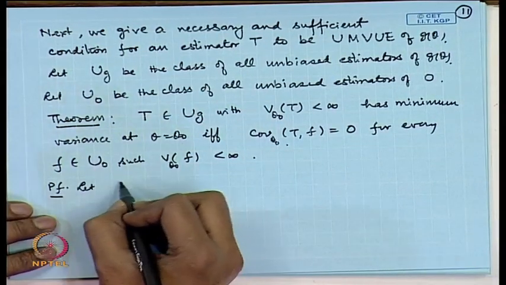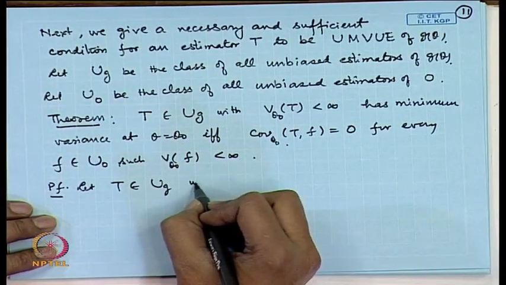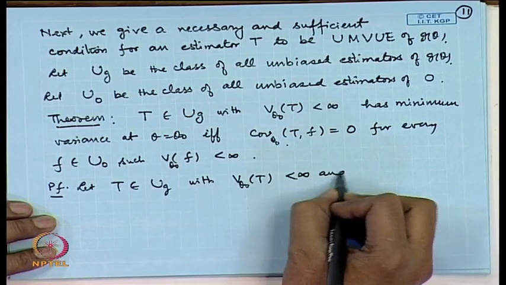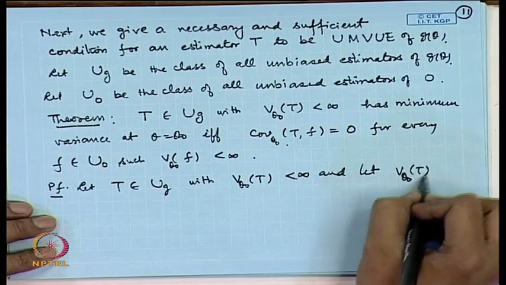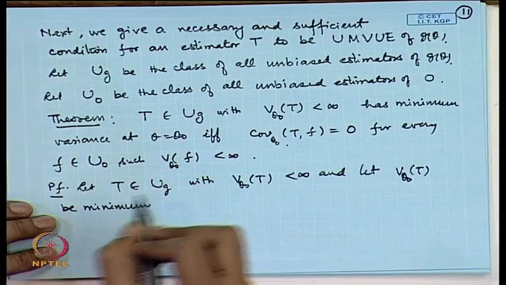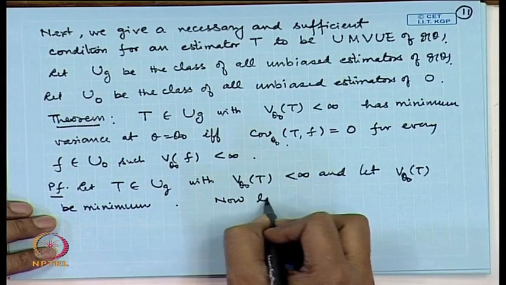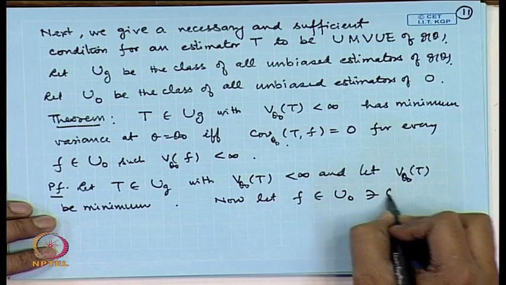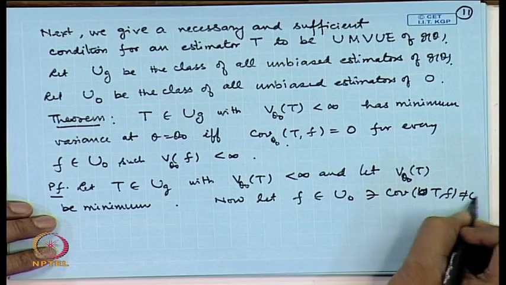So, let T be an unbiased estimator of g and its variance be finite, and let variance at theta naught of T be minimum. Now, let us consider f belonging to U 0 such that covariance between T and f is not 0.